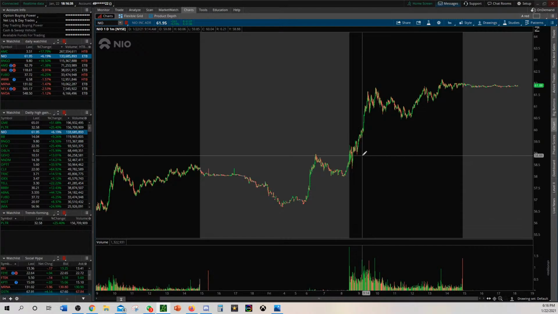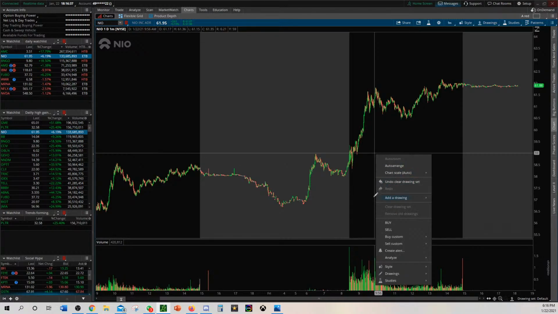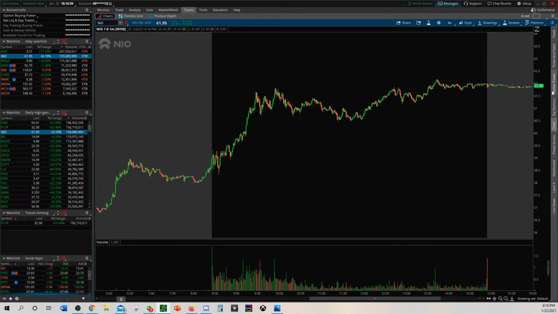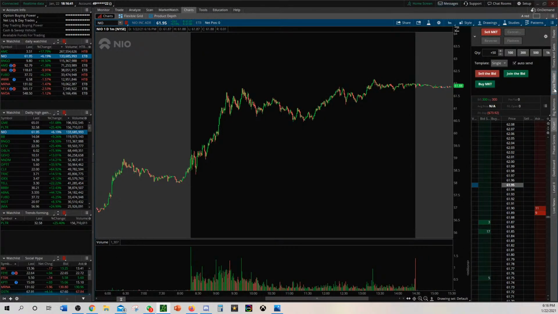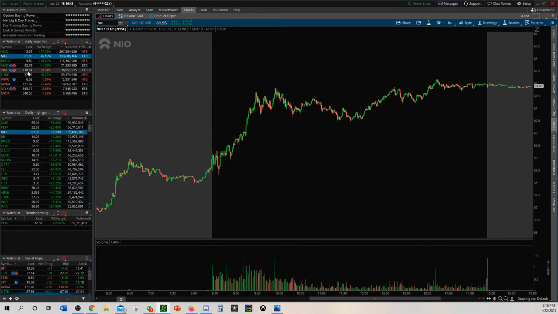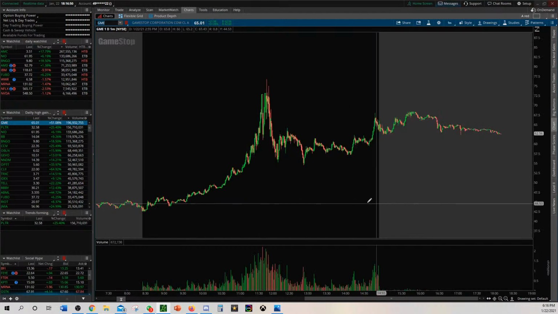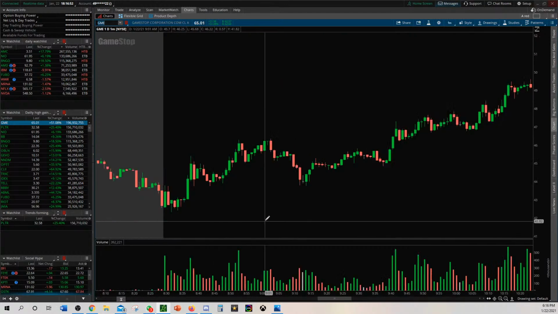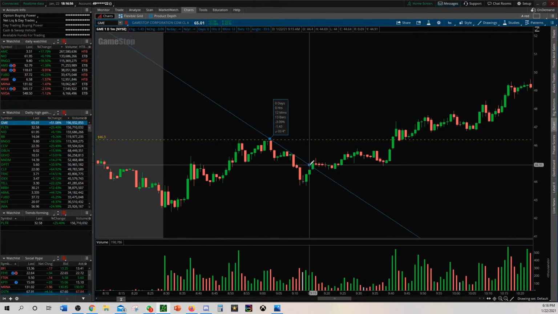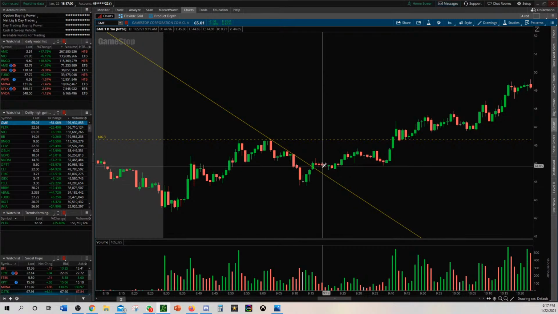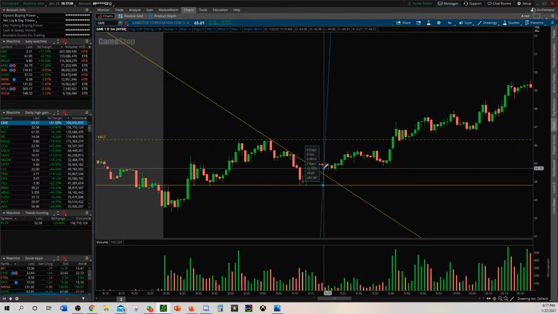The third thing is how I send orders. When I want to buy something, let's say I buy here and I see this trend break, I simply find out what my stop is, and then I look at the difference.